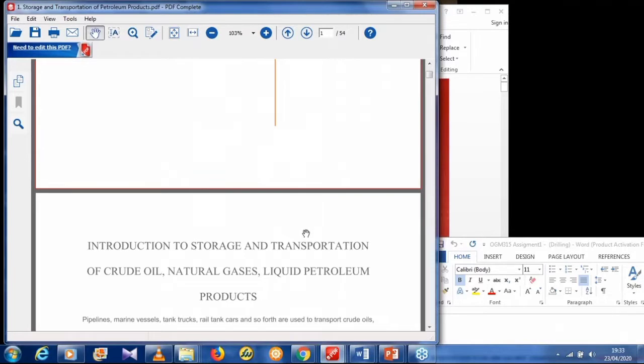Usually, from the basic deposits or reservoirs of this crude oil underneath the earth crust, we have drilling that is conducted to bring this oil to the surface.